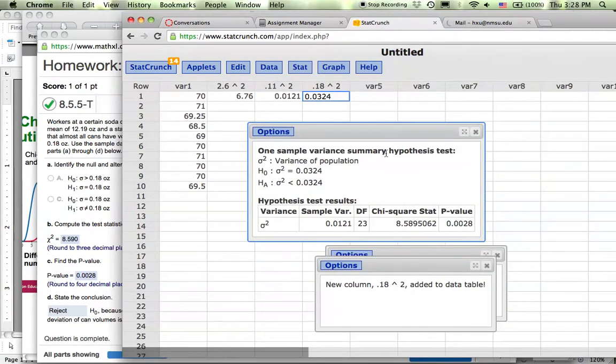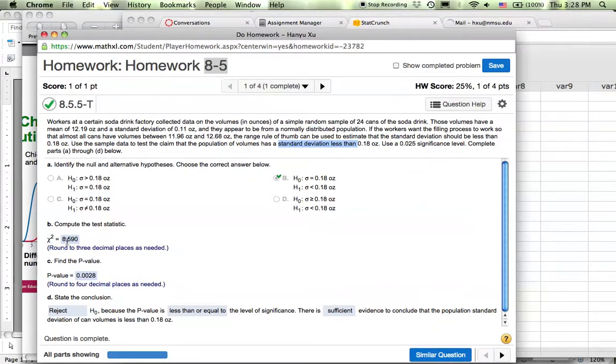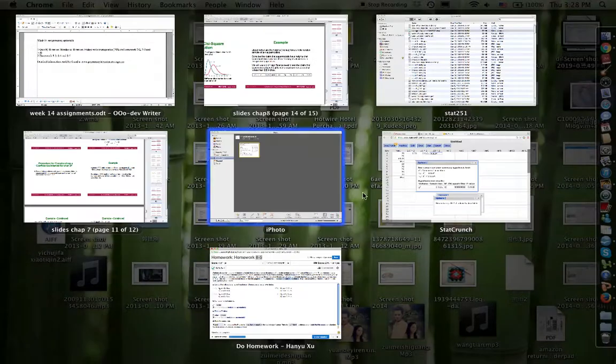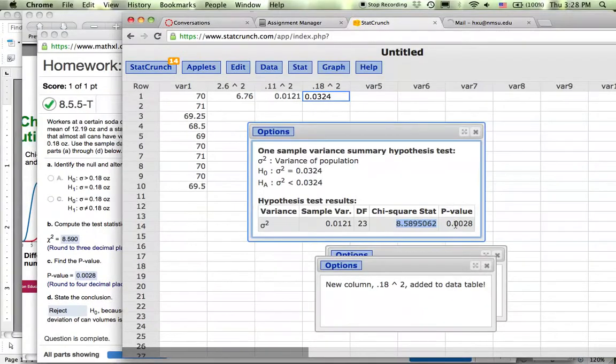Okay. And with those things given, you click compute. You can see the chi-square statistics here. So you can copy this number as the answer in part B, and of course round to the 3 decimal places. So that's chi-square statistic. And for the p-value, it is here. Okay.